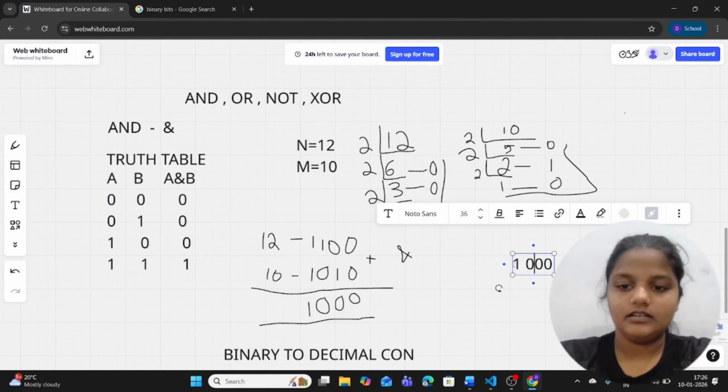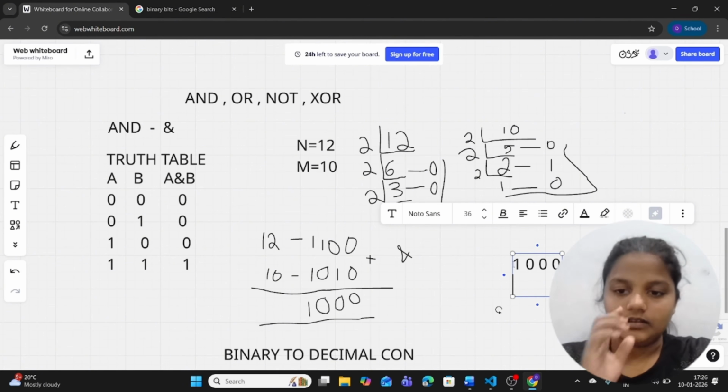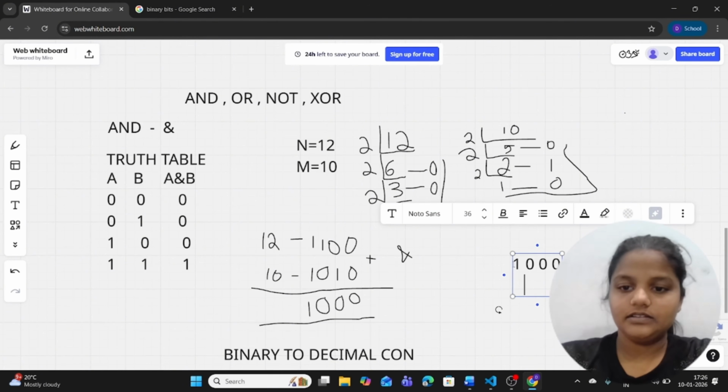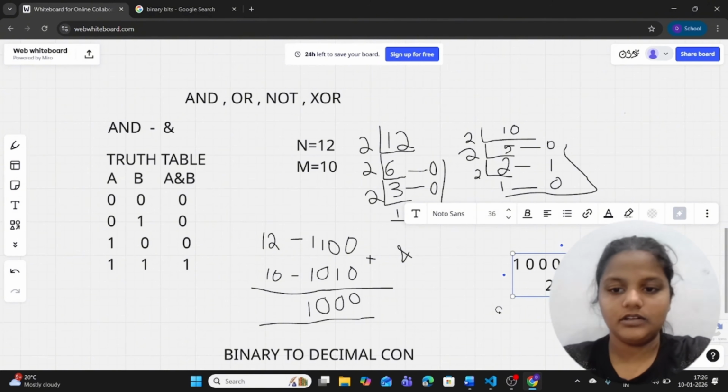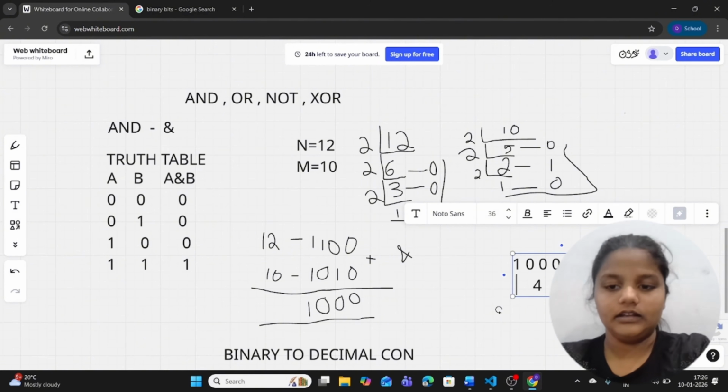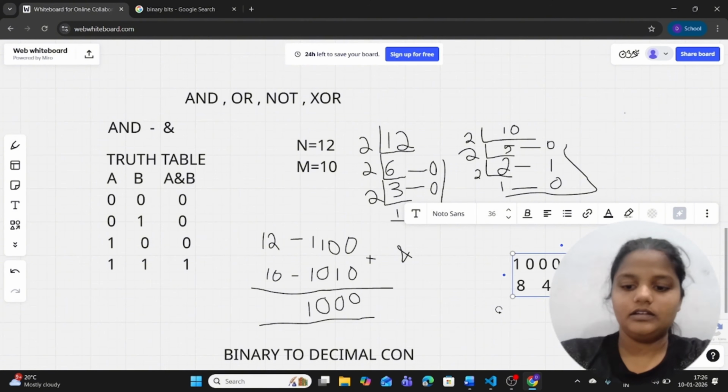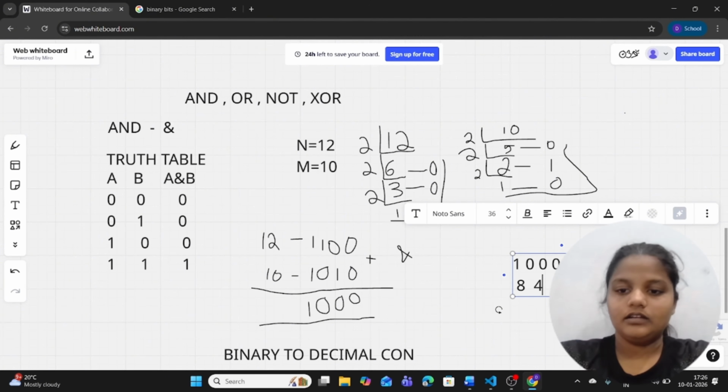The corresponding bit values are 1 at the last position, then 2 at the second position, 4 at the third, and 8 at the first.